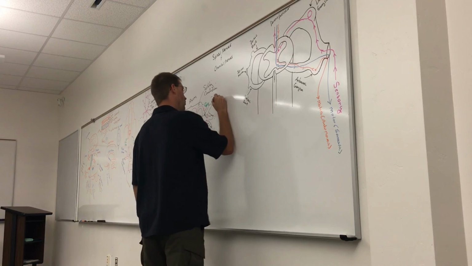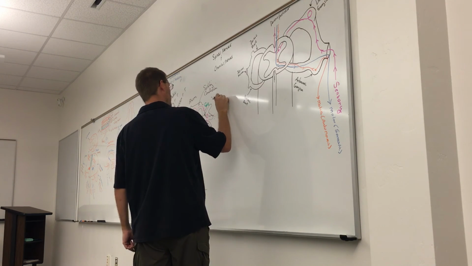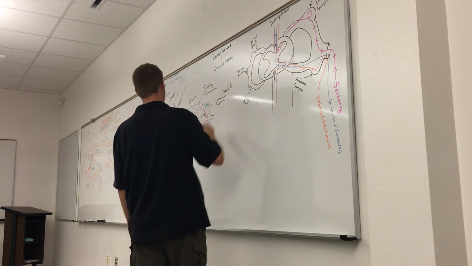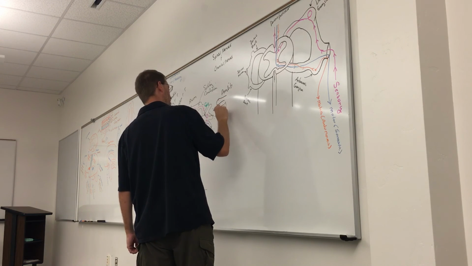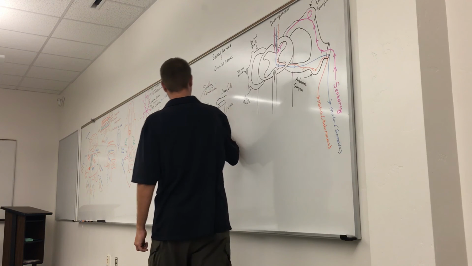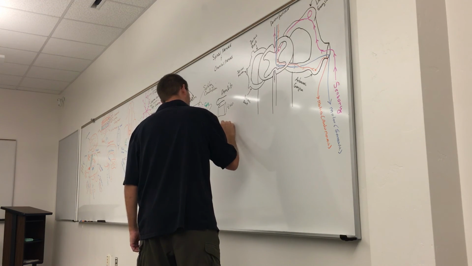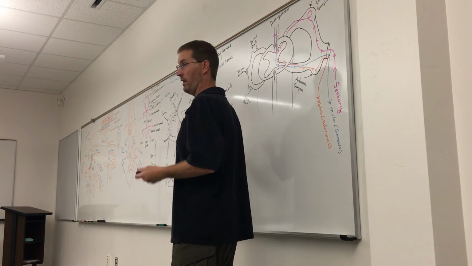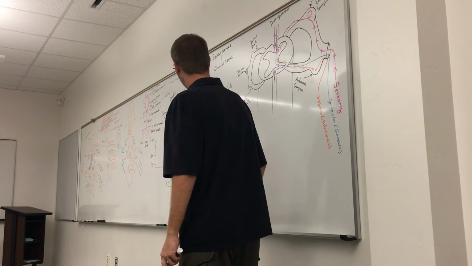Okay? And where the axon of one neuron interacts with the dendrite of another neuron or some other tissue, we call that a what? Synapse. A synapse. And there's a special term for the synapse at muscle tissue, which is known as the neuromuscular junction or the motor end plate.